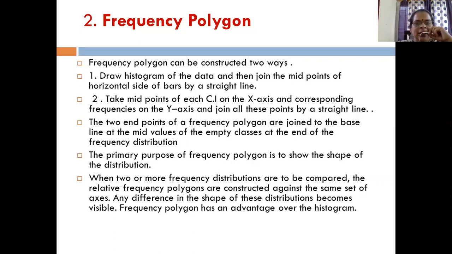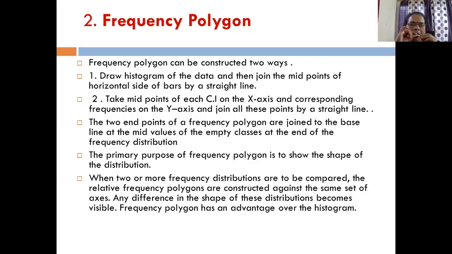Polygon means it's a many-sided closed figure. So in order to make it closed, after getting the frequency polygon, we will extend both ends of the frequency polygon to the previous or succeeding class interval's midpoint, assuming that the frequency is 0. You will see the figure in the next slide.